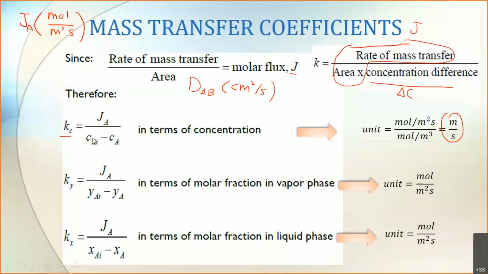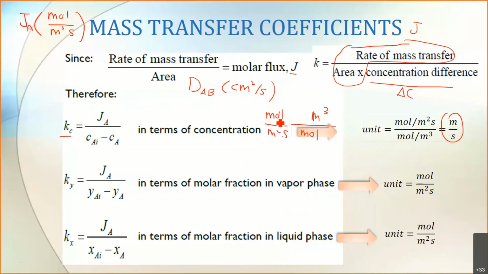Okay, how do you get this unit? You can just do unit cancellation. So for example, for my Ja, I know that my unit is going to be mole per meter squared second. That is my unit of Ja. Now I will have 1 over the concentration, and the unit for concentration usually is going to be mole per meter cubed.